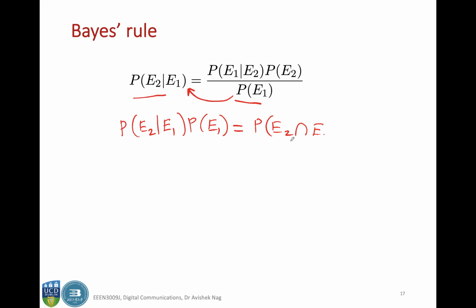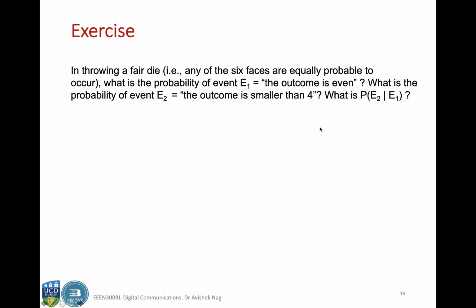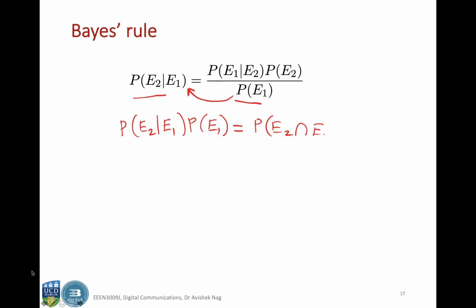As per the relationship of conditional probability, this is E2 intersection E1, and then this other expression is also probability of E2 intersection E1.